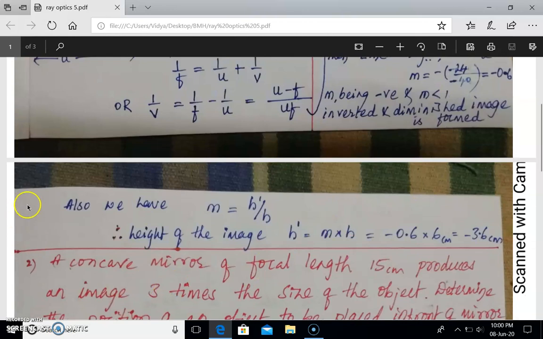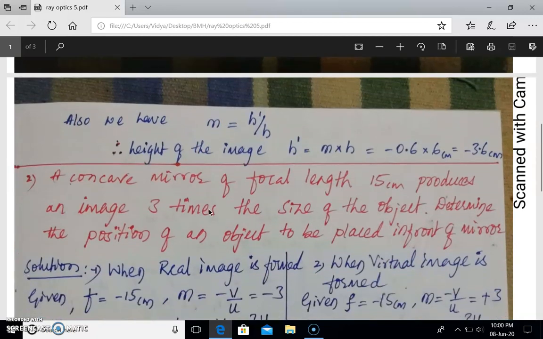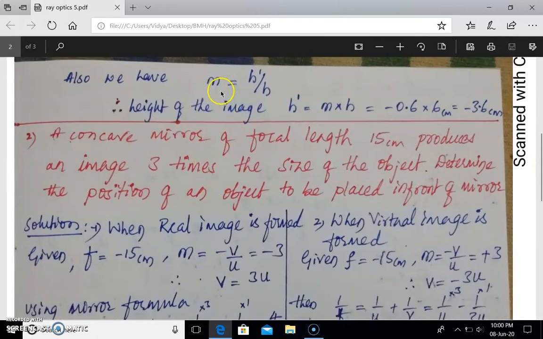Further, we have another definition for the linear magnification, that is M equals H dash by H. Linear magnification is the ratio of a height of the image to the height of the object. Height of the image is A dash B dash, that is H dash. Height of the object is AB, that is H. Height of the object is given so that you can calculate the height of the image.